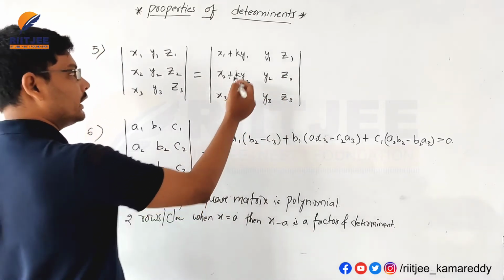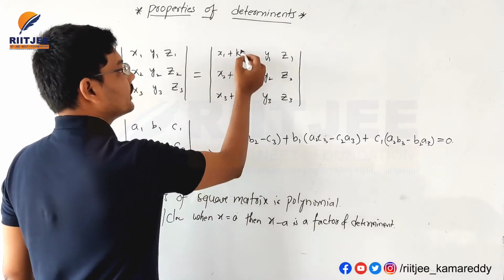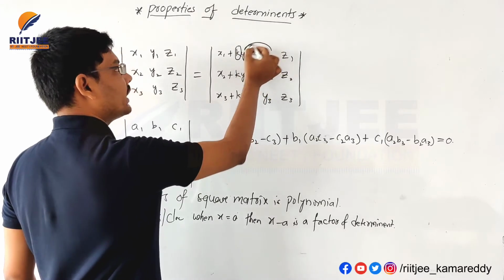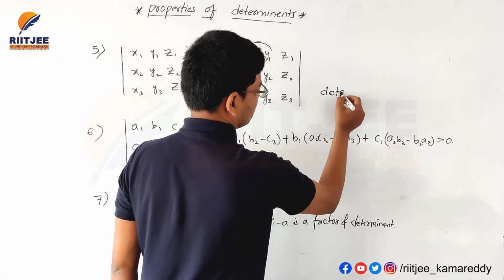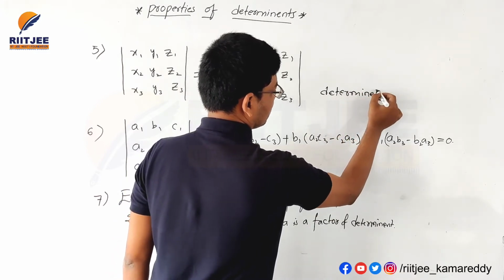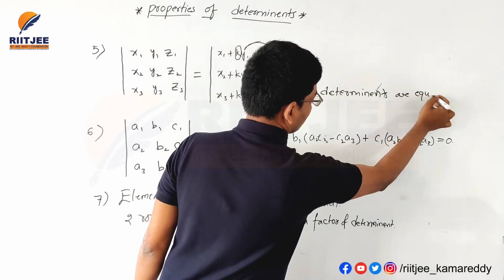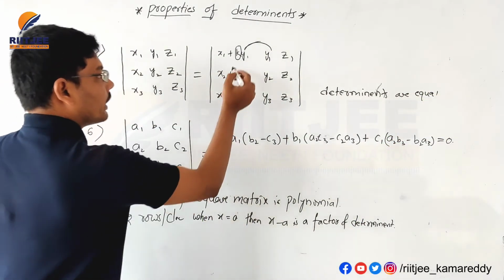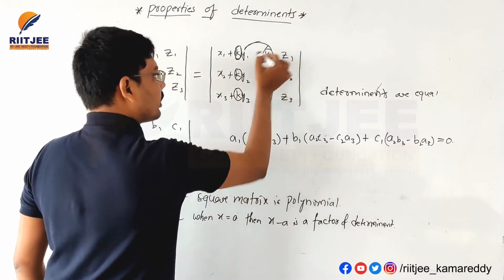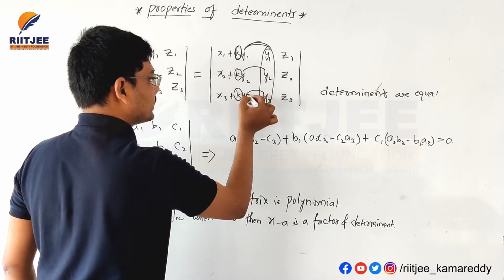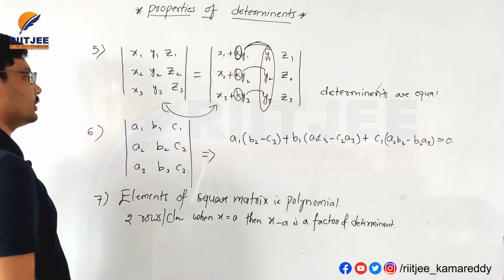Here, if any one column is multiplied with k and added to the corresponding column, then the determinants of both are equal. The next, sixth property, is here.